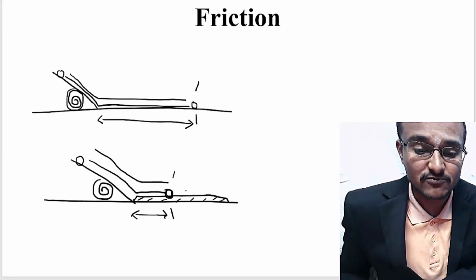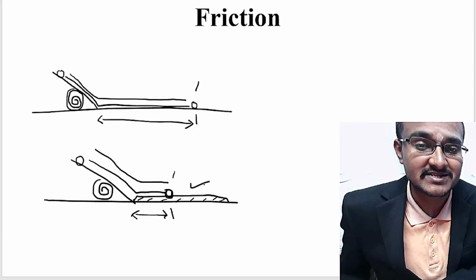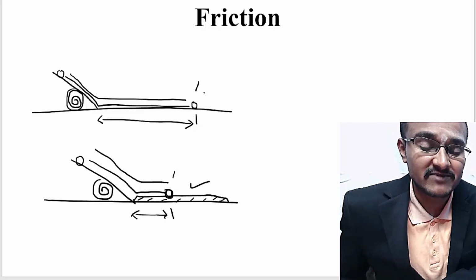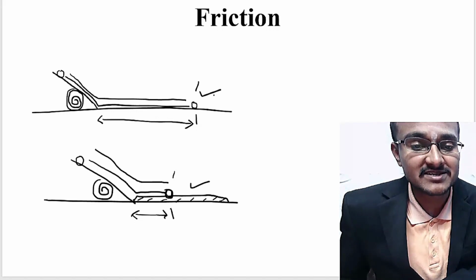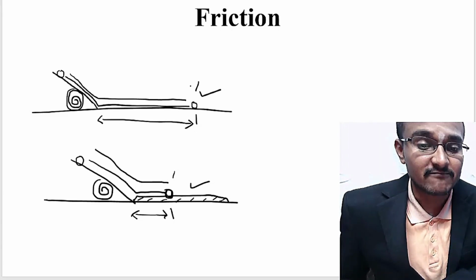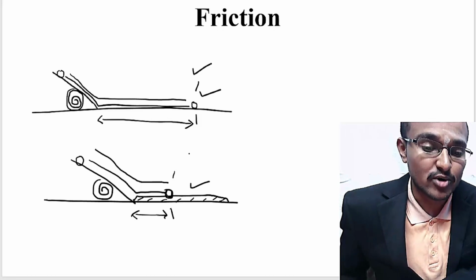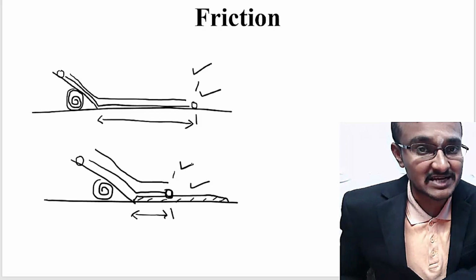That means when the towel was kept on the table, the ball traveled a smaller distance. But when there was no towel on the table, the ball moved a larger distance. Now you might be wondering why the ball traveled more distance on an empty table and less distance on the table where the towel was placed.